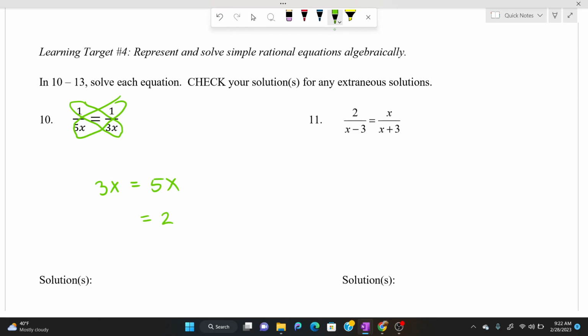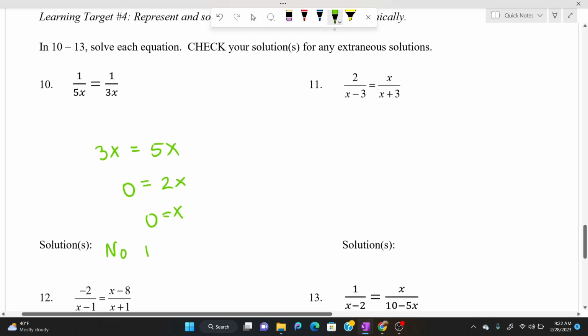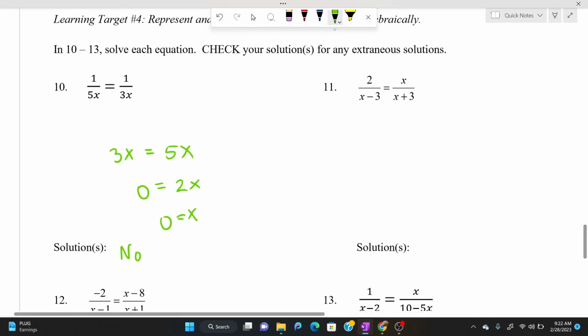Subtract 3x from both sides, you get 2x equals 0. X equals 0. However, if you plug in 0, it will give you a 0 in the denominator for both. So there is actually no solution here because the only solution that we had was extraneous.